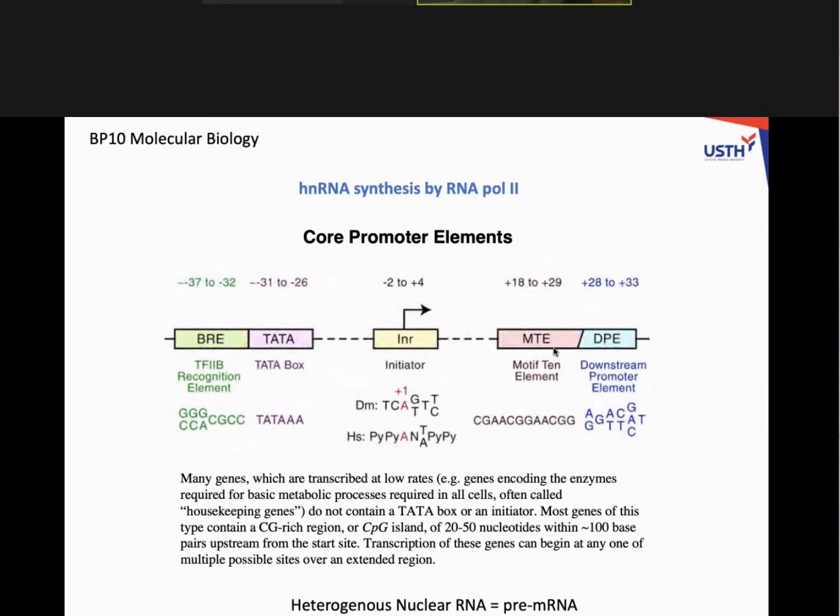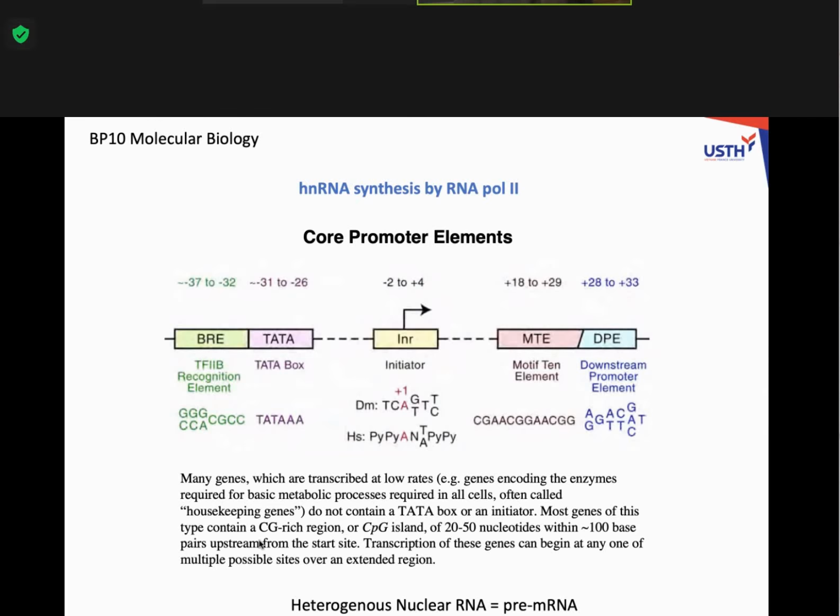And just a little bit downstream, it's also around 30 bases after the +1, there is sometimes this kind of motif, where some of them are conserved and some are not conserved at all. And if you look at the text there, just to show you that it is not always the same, they explain that many genes that are transcribed at a low rate, they call that a housekeeping gene, do not contain the TATA box or an initiator.